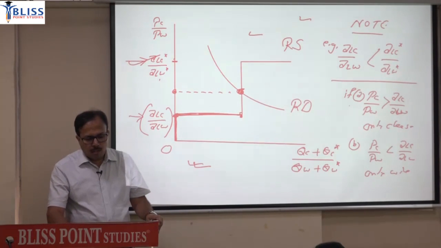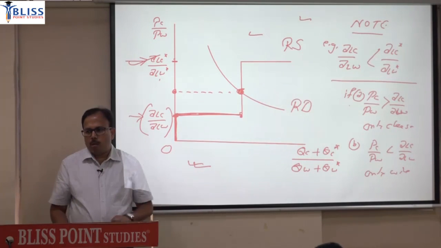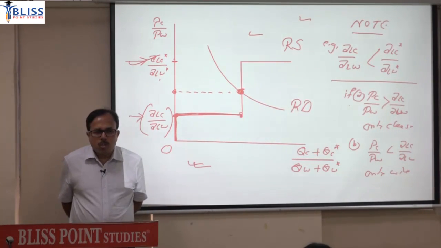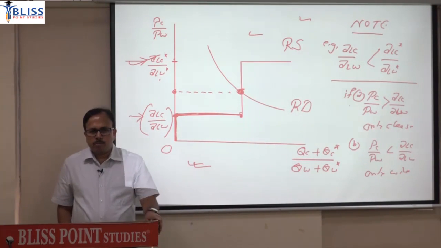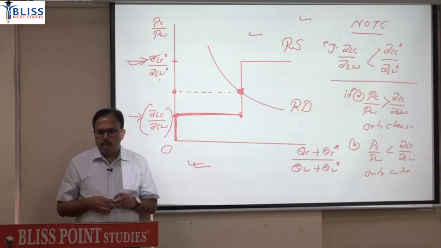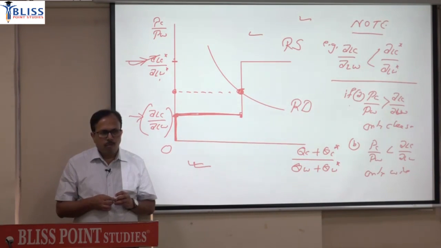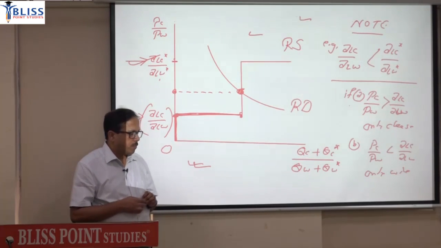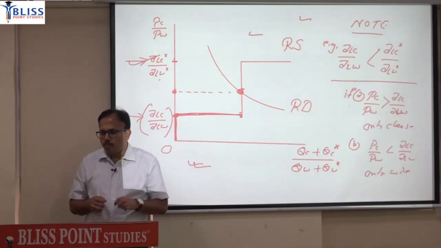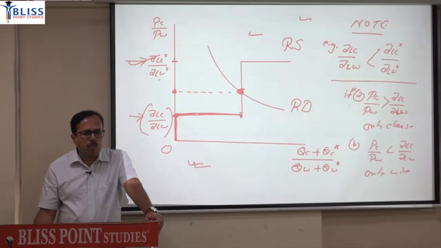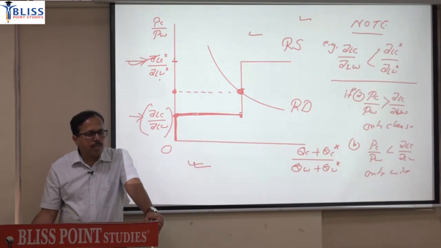The Ricardian model simply assumes that trade is arising due to difference in productivity.